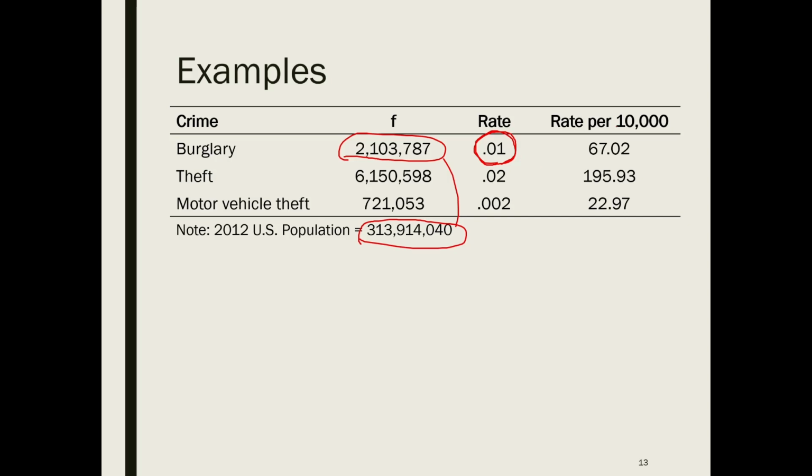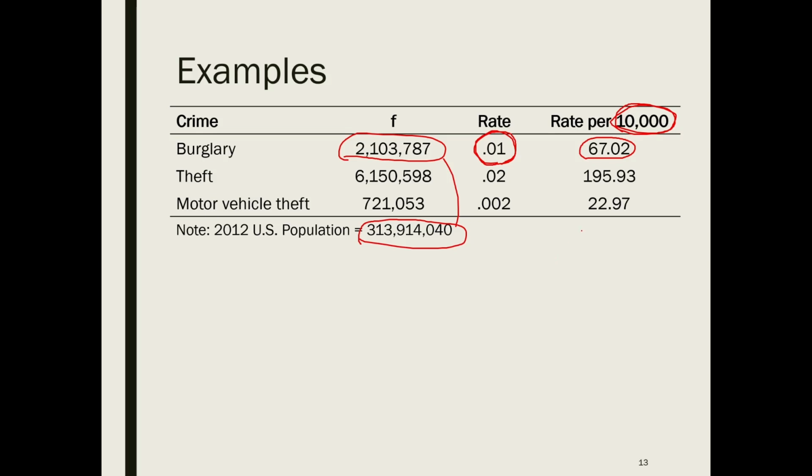So we multiply by 10,000. You can use 100,000, it doesn't really matter. You get a number that is easier to understand, which is 67. This basically means that if you put 10,000 people in a place, based on the US average burglary rate, there are supposed to be 67 burglary crimes in a year.